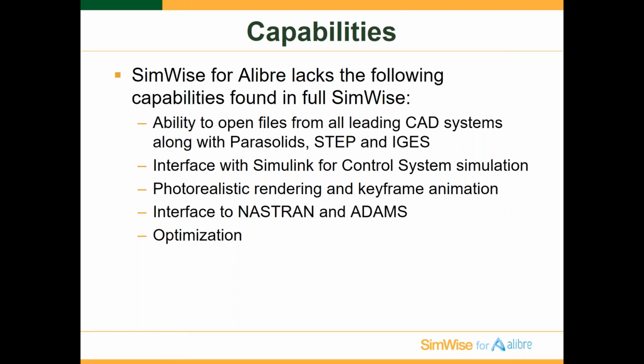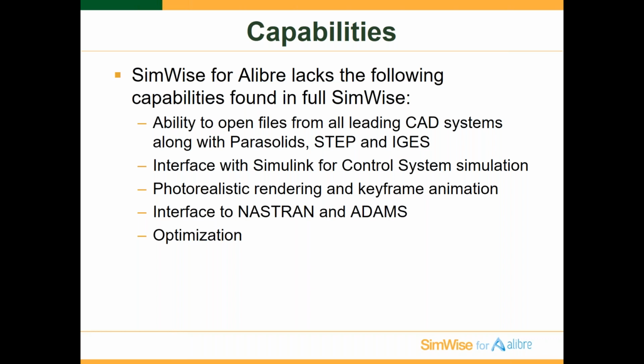So the SimWise for Alibre products can only open SimWise files and ACIS SAT files, and of course they can get geometry transferred from Alibre into SimWise. So if you had, for instance, a SolidWorks model that you wanted to open and work on, you could, of course, open that in Alibre, and once it was in Alibre, you could use it seamlessly in SimWise. So there's really no restriction by not having this capability.